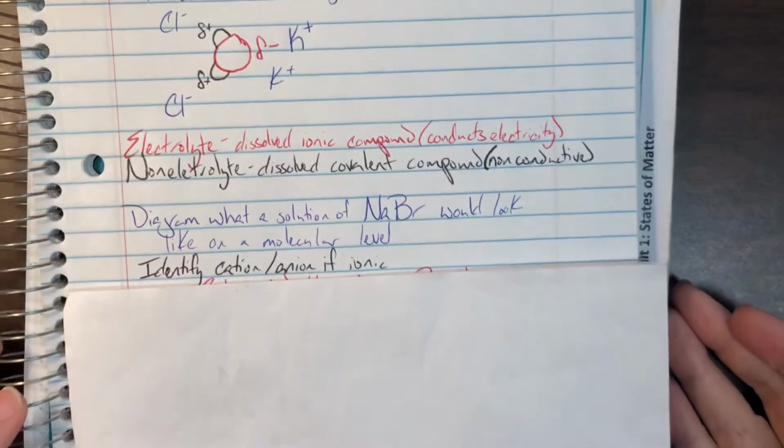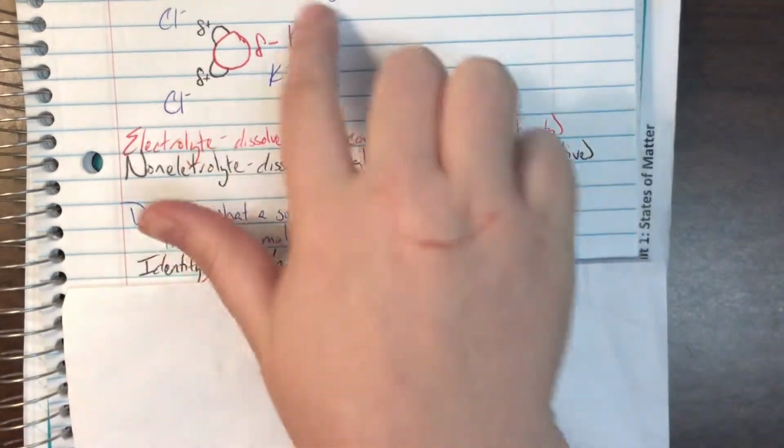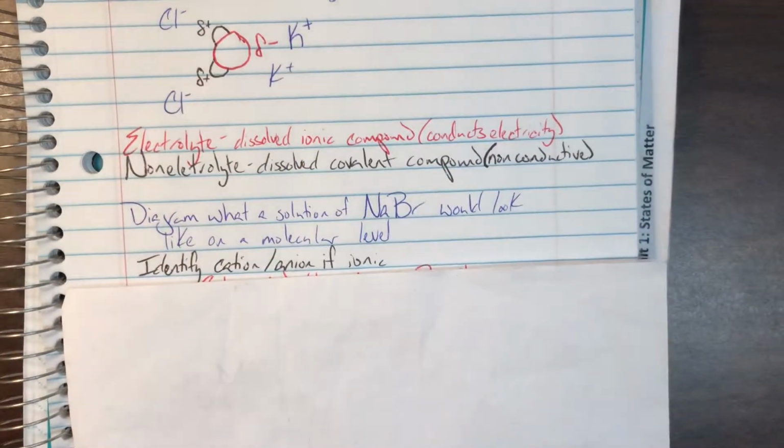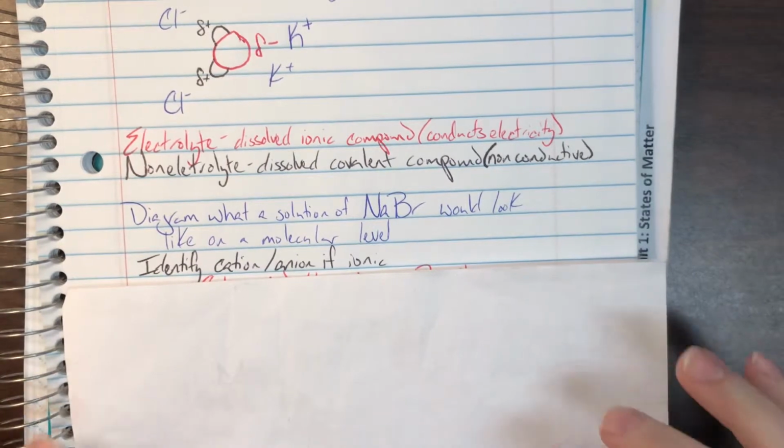The reason I care so much about this is that I need to know which way I'm orienting my Mickey Mouse head water molecules, which part of the water molecule is going to be facing which ion.